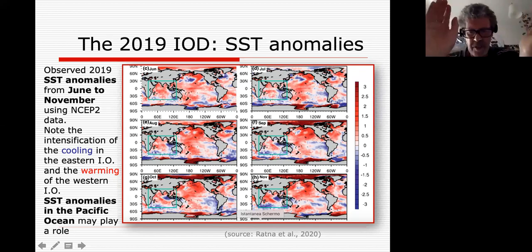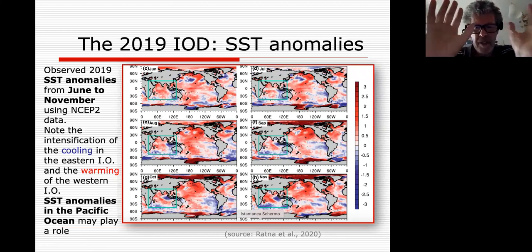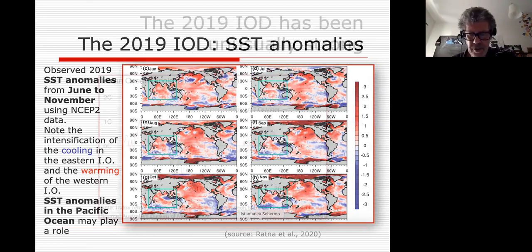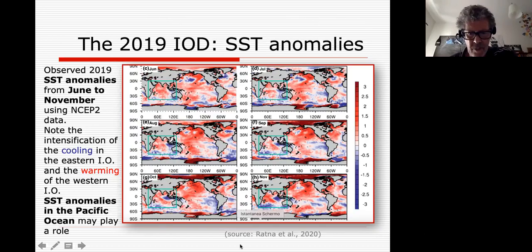In November there is a very nice subdivision of the pattern, where the stronger blue area was on the eastern side of the tropical Indian Ocean, while a very well established warm pattern rimmed the African coast. So we see a regional pattern.